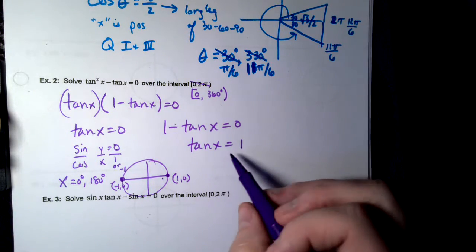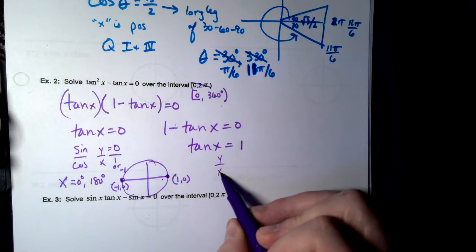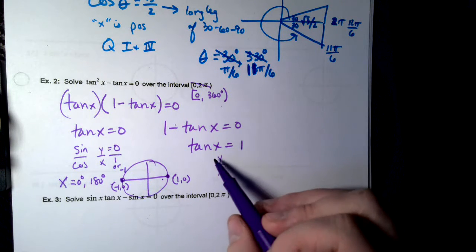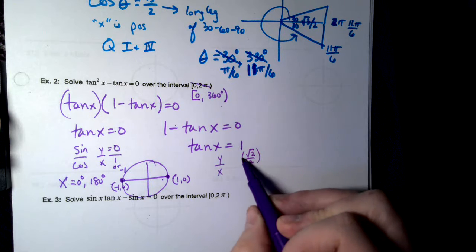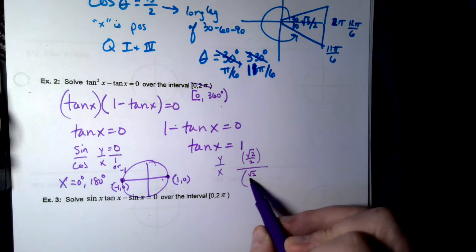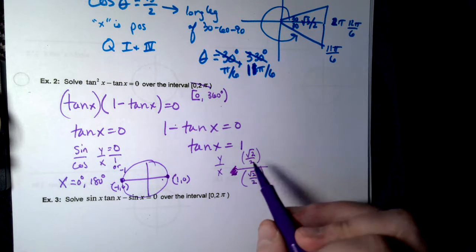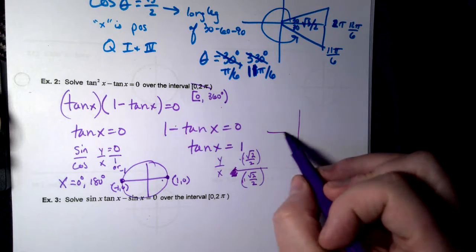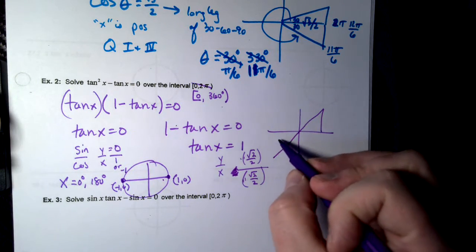When tan x equals 1, well, the only time that happens is when the y over the x divides and it's the same. And the only time that happens is when the legs of the triangle are the same. Square root of 2 over 2 or square root of 2 over 2. I shouldn't say positive or negative. It should be both pluses or both minuses. And the only time that happens is here and here.